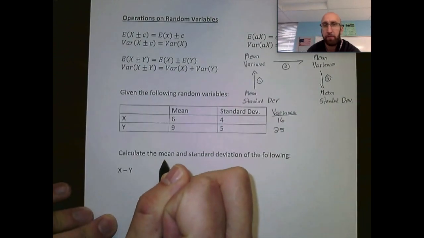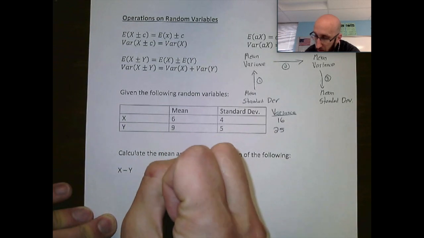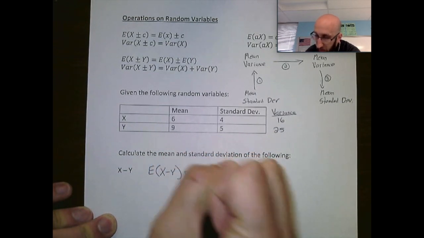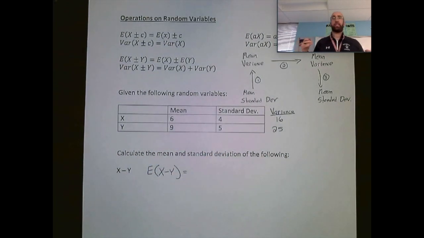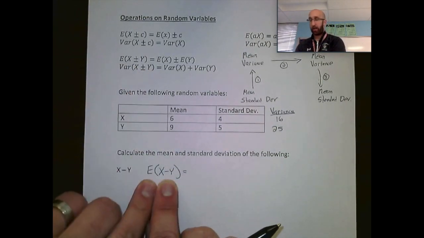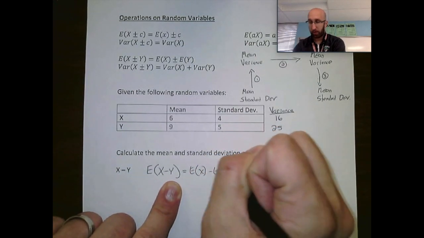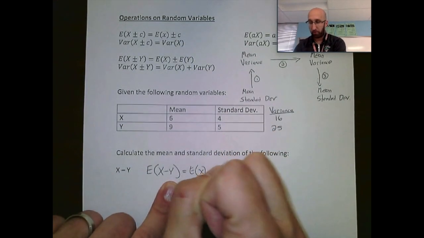So if I want to find a new mean, we're talking about finding the expected value of x minus y. And what we find is that with expected values, you do whatever it tells you to do. If it tells you to take x minus y, you just take the expected value of x and subtract off the expected value of y.